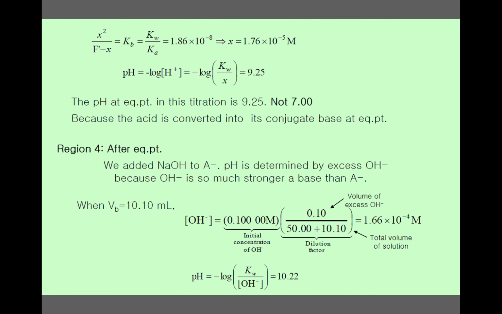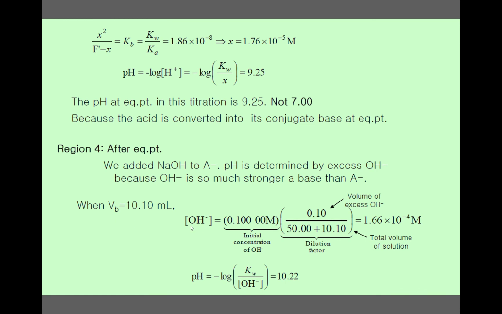Now let's consider region 4, after the equivalence point. Let's assume you added just 0.1 ml more than the equivalence volume. Now let's see how the pH increased. When you added 10.1 ml of sodium hydroxide, there is an excess mole of hydroxide ion. How much?